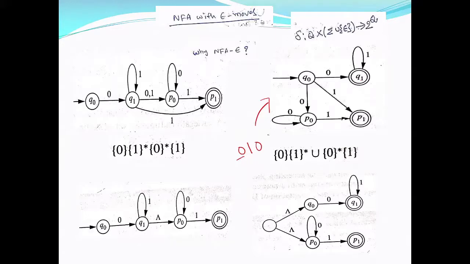So on 0 you are going to P0 and Q1, two states. Then on 1, P0 on 1 is going to P1, and Q1 on 1 is going to Q1. So this is after 1. Then suppose you are in P1, and P1 on 0 has no state, so nothing, and Q1 on 0, nothing.